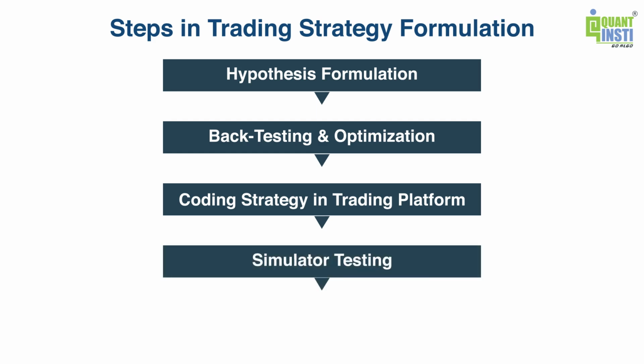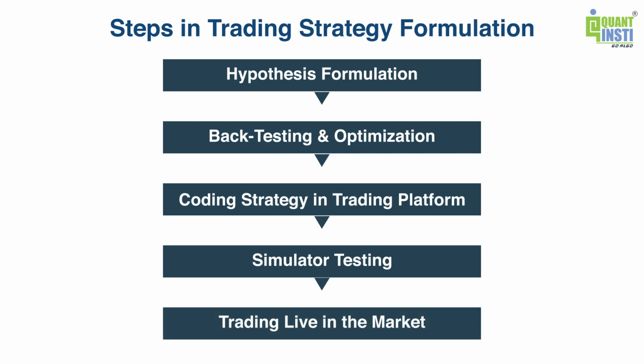In simulator testing, you send orders not to the exchange but to a simulator environment, which looks like an exchange, but your orders do not actually get executed at the exchange. It is a dummy exchange which helps you test the functionality of your algo system.